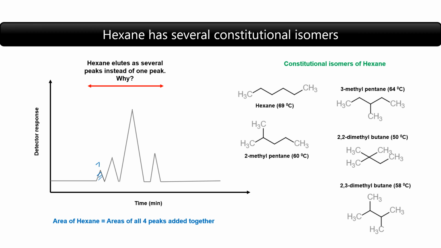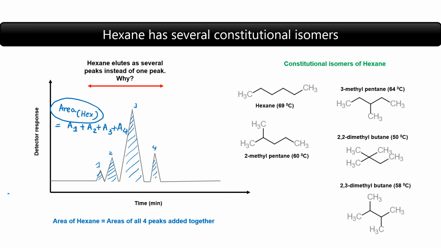You can label them 1, 2, 3, 4, and you will calculate the areas for each of these peaks separately, and to get the area of hexane, you will add the area for 1, area for 2, area for 3 with area for 4 to get the overall area for hexane.